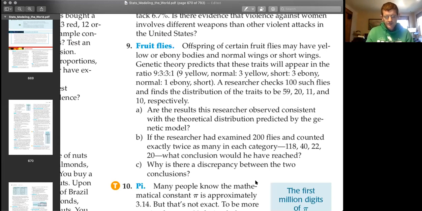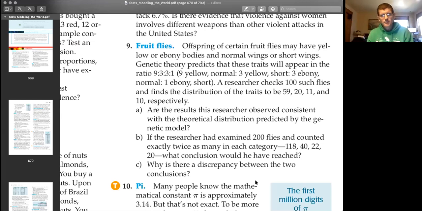So this is problem number 9, and I wanted to run through this so you knew how to get started. Offspring of certain fruit flies may have yellow or ebony bodies and normal wings or short wings. Genetic theory predicts that these traits will appear in the ratio of 9 to 3 to 3 to 1.